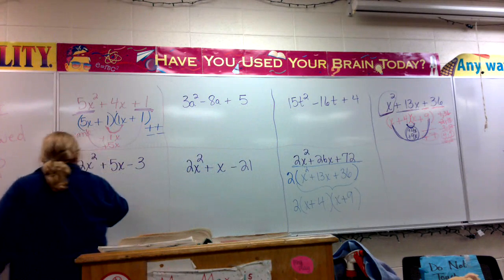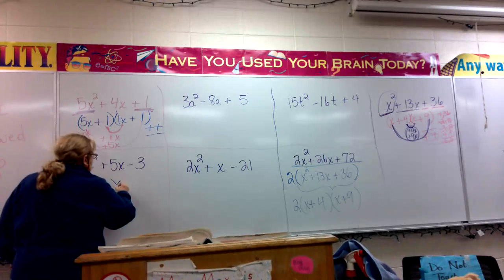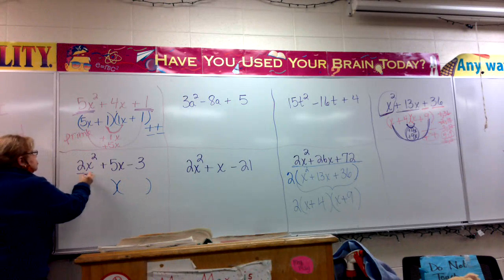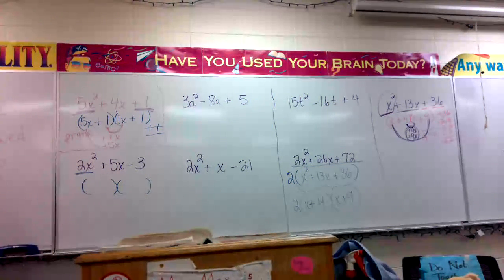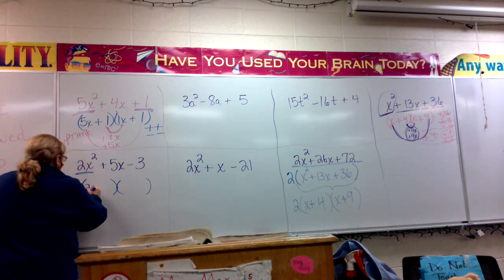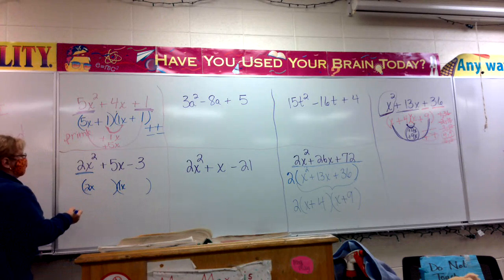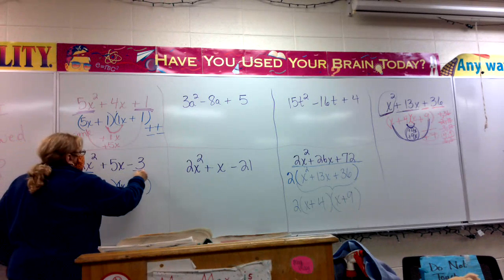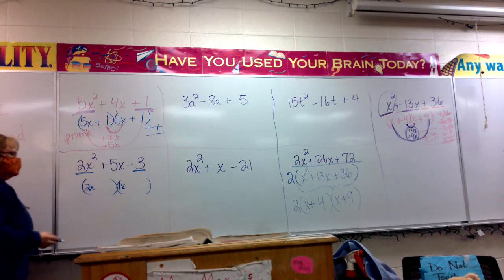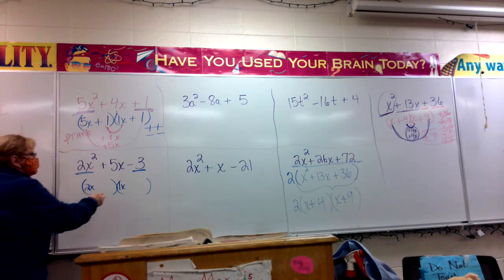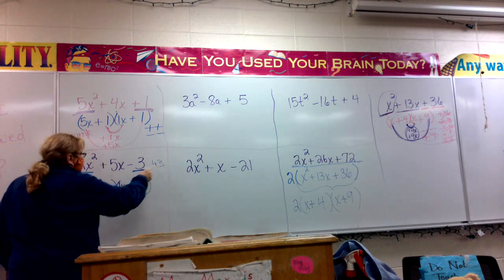Right here. Again, I have a 2x squared. There's only one possibility for a 2x squared, right? What is it, John? 2x times 1x. Has to be 2x times 1x. Then if you go down to the end, 3 has to be 1 times 3.